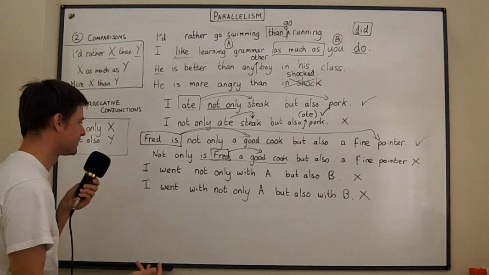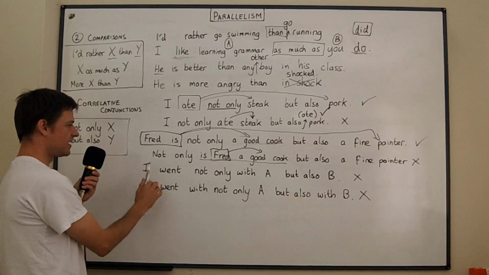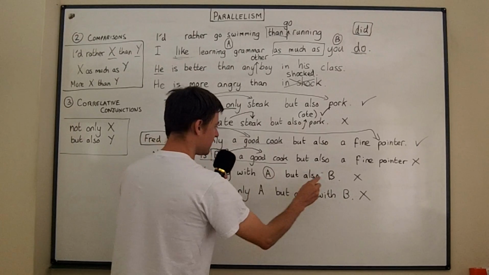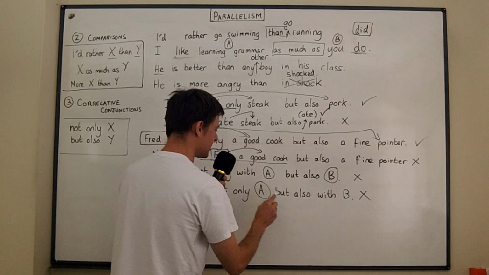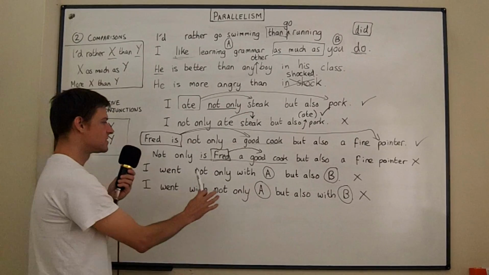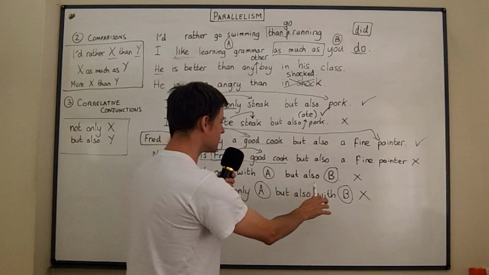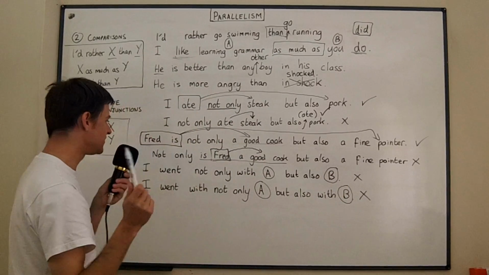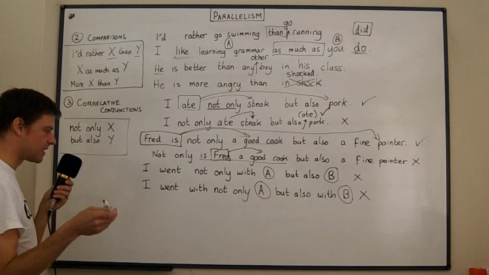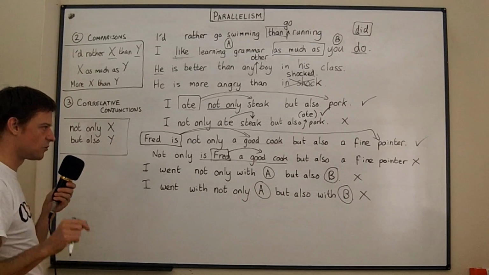It sounds much better. Look at the last example, and I'm just going to use A and B to try and make it clearer. I think it helps to think of things almost algebraically. But I went not only with A but also B. This is incorrect, and to make it correct we can do a couple of different things, but I'm just going to show you one thing.